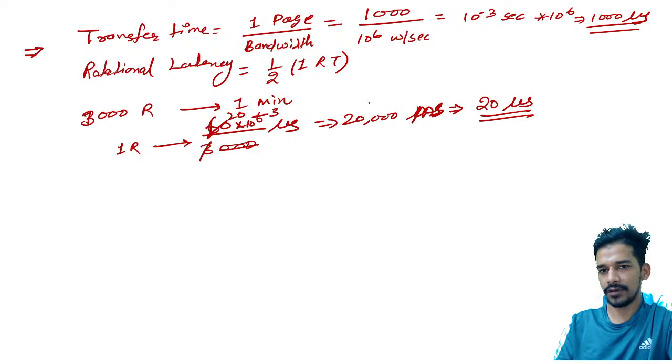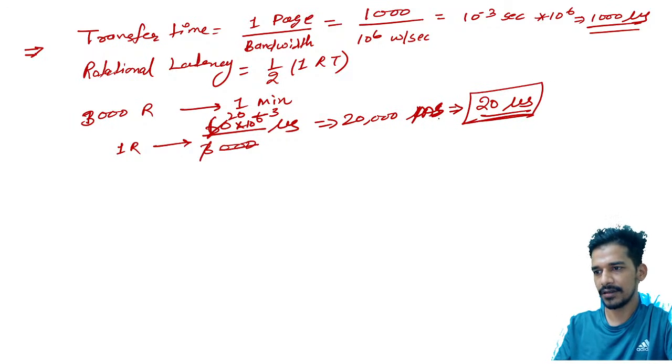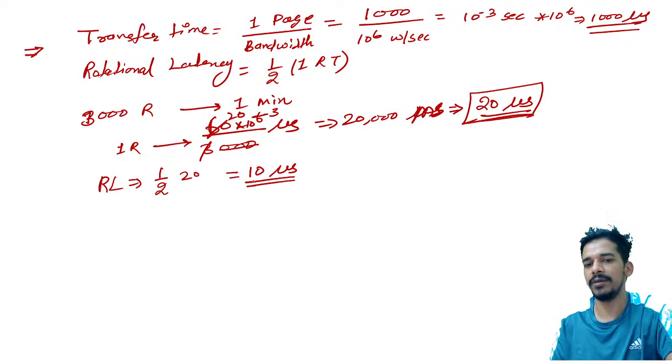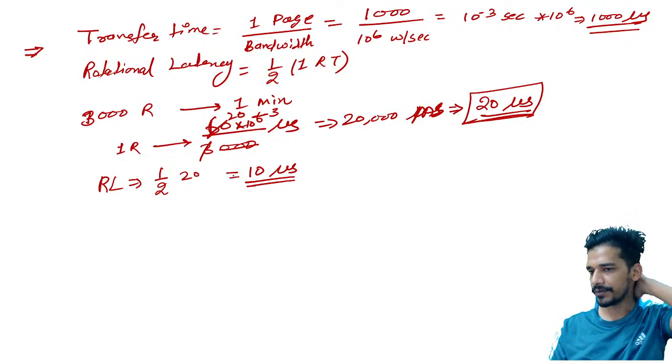Then this is your rotational latency, and the rotational latency will come out to be 1 by 2 into one rotation time. This will come out to be 10,000 microseconds, which will be your rotational latency, right?